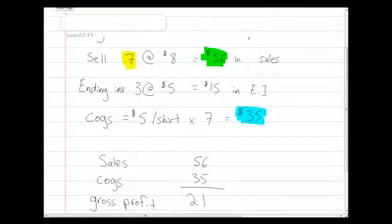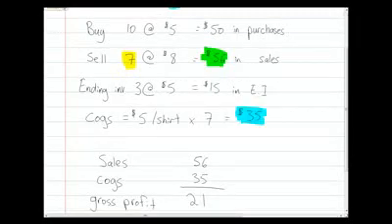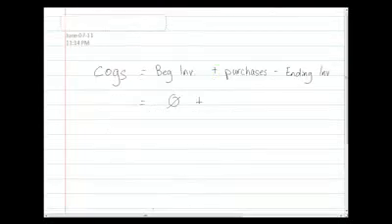The first thing we need to know is our beginning inventory. In this example we said let's assume we were a new business, so our beginning inventory was 0. We started off with no inventory. But then we bought 10 t-shirts at $5 each, so our purchases was this number up here, the $50 in purchases. I'm going to plug that into this formula.